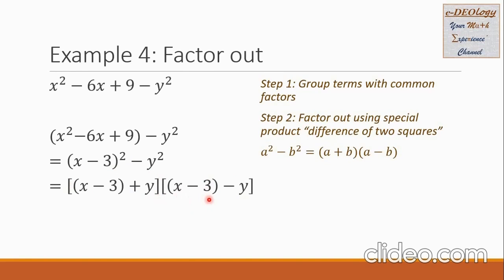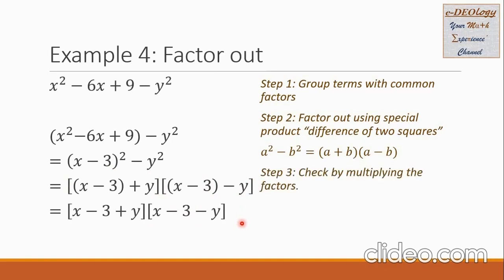This is the a again. And then this time should be minus, and the y. And then I'm going to simply remove the grouping symbol inside the square brackets. So the parenthesis inside is now removed. So these are the factors.